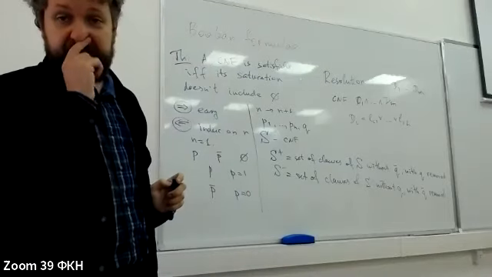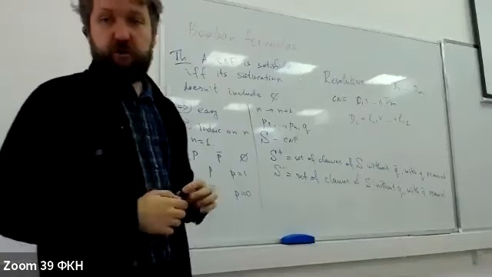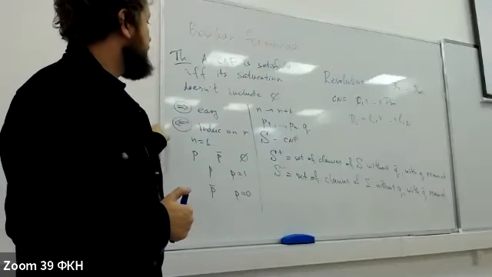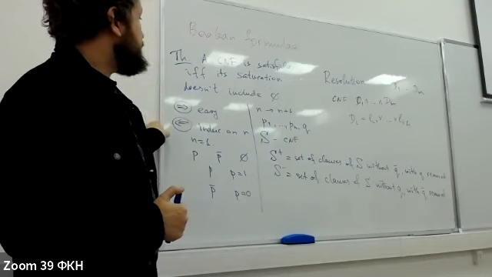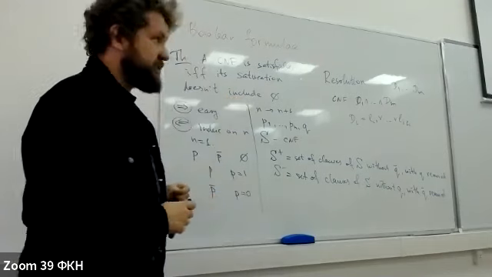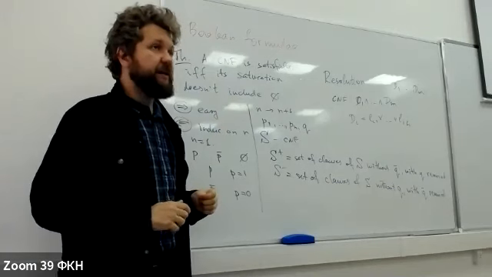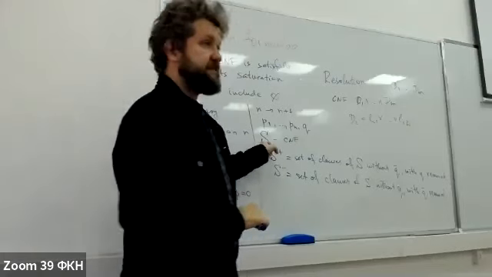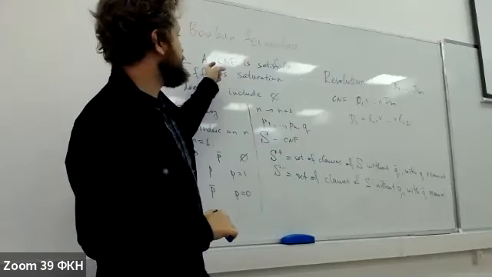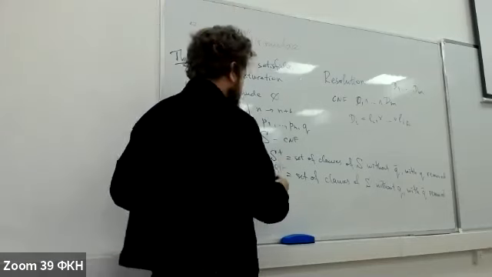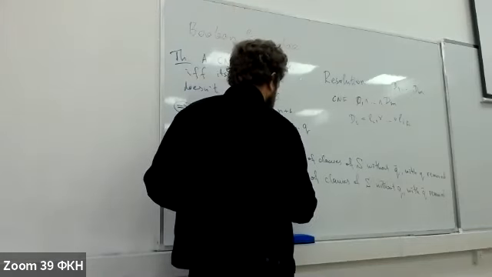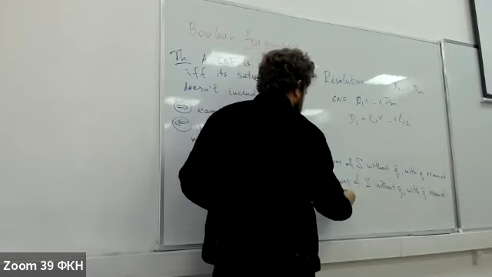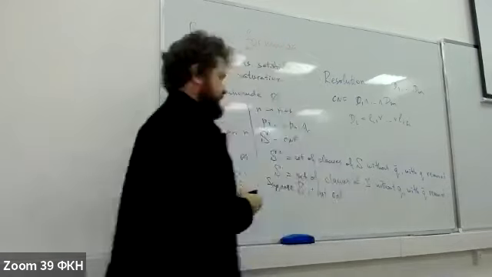And what are we going to get? So we proceed by supposing that our saturation does not include false, and we suppose that S is not satisfiable. We're trying to prove that it's satisfiable. So suppose S is not satisfiable.